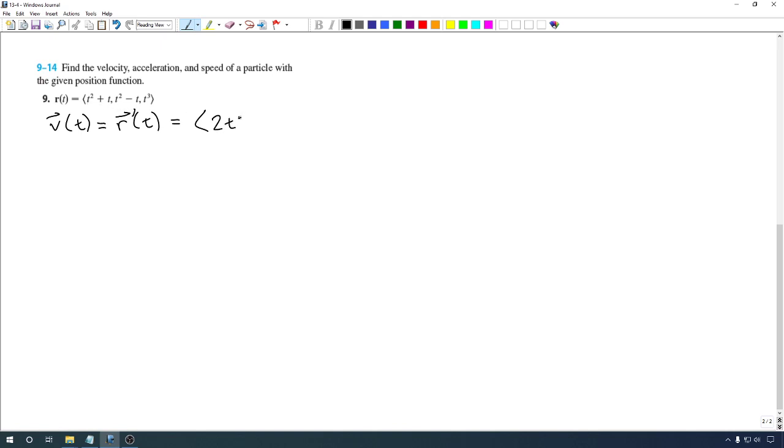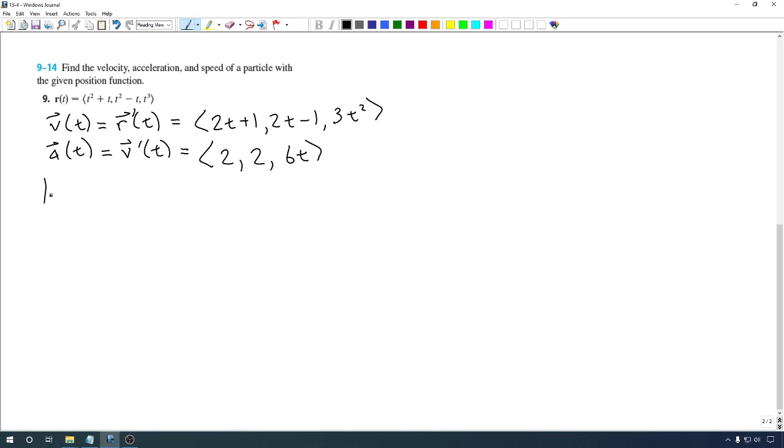We have 2t plus 1, then we have 2t minus 1, and then we have 3t squared. They want us to also find the acceleration, which is the derivative of that one. So it's v prime. The derivative of 2t plus 1 is just 2. The derivative of 2t minus 1 is still 2. And the derivative of 3t squared is 6t.